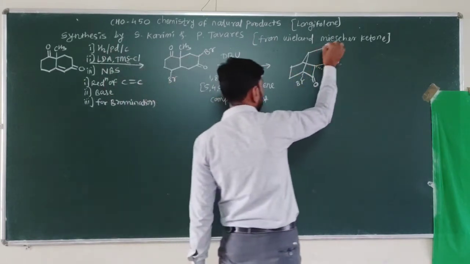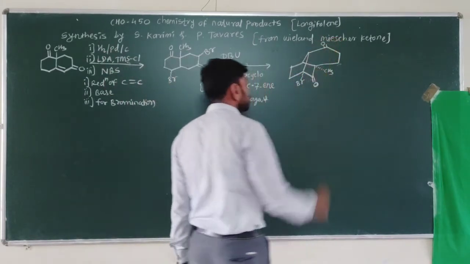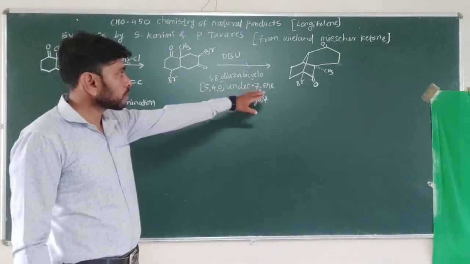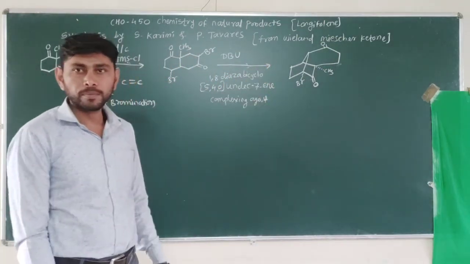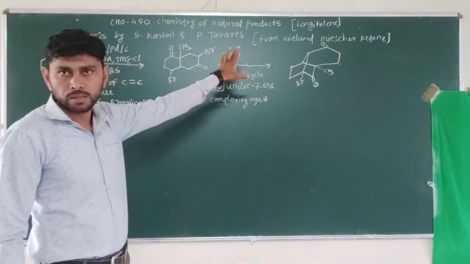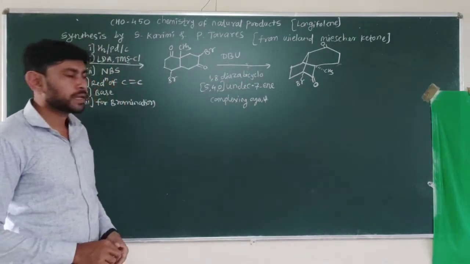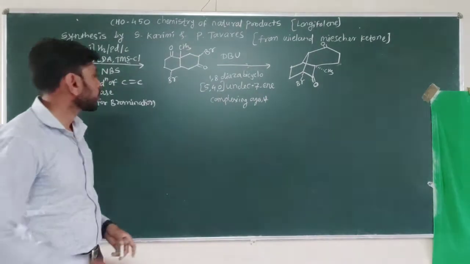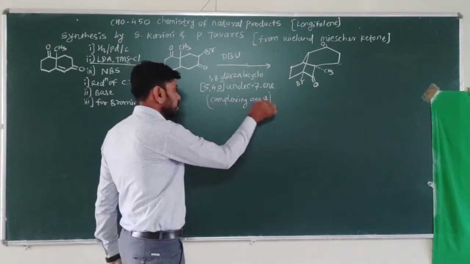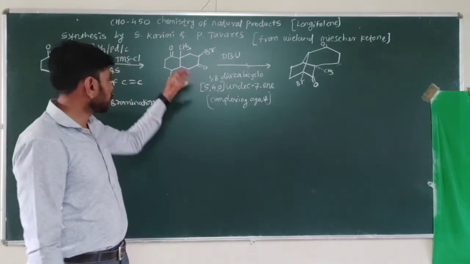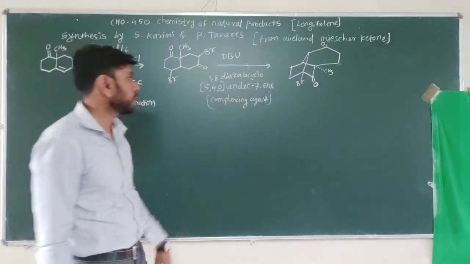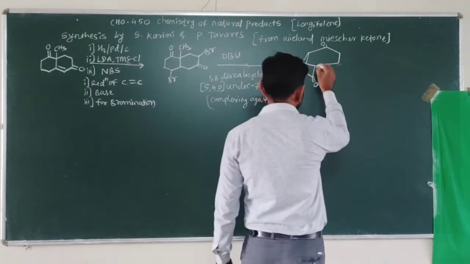In this case, this carbonyl group is here. So this compound is obtained by using this reagent, 1,8-diazabicyclo[5.4.0]undec-7-ene, which is used to form the 3-member ring from the 2-member ring.